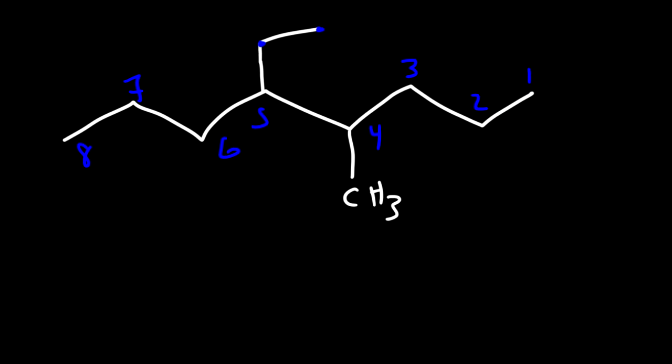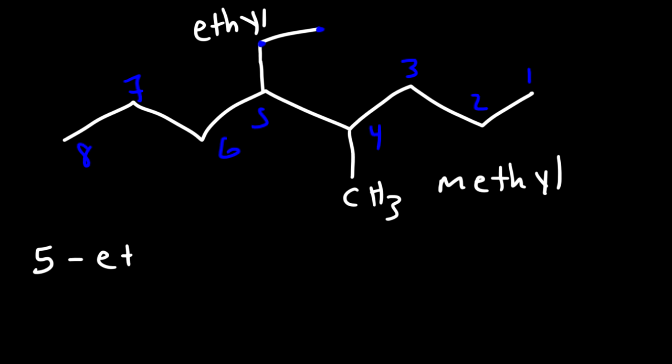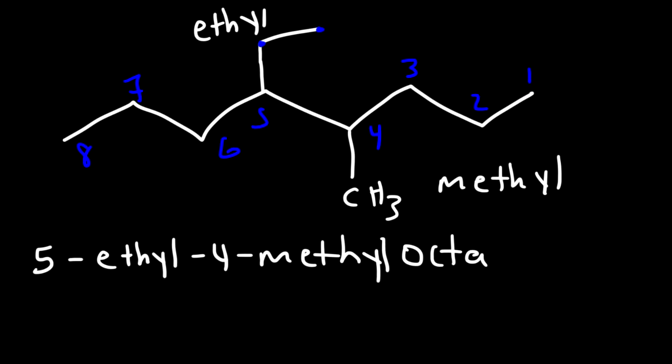So we have an ethyl on carbon 5. Now when putting it together, you need to put it in alphabetical order. So E comes before M. So this will be called 5-ethyl-4-methyloctane, because we have a total of 8 carbons in the longest chain.